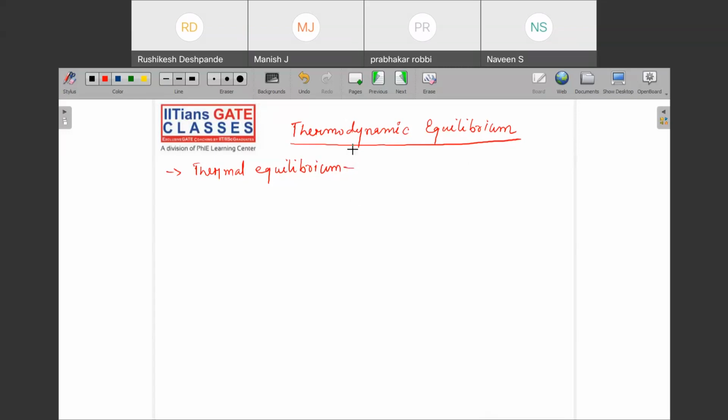Then only you will be satisfying one of the conditions for thermodynamic equilibrium, which is called thermal equilibrium. So no scope should be left for heat transfer.